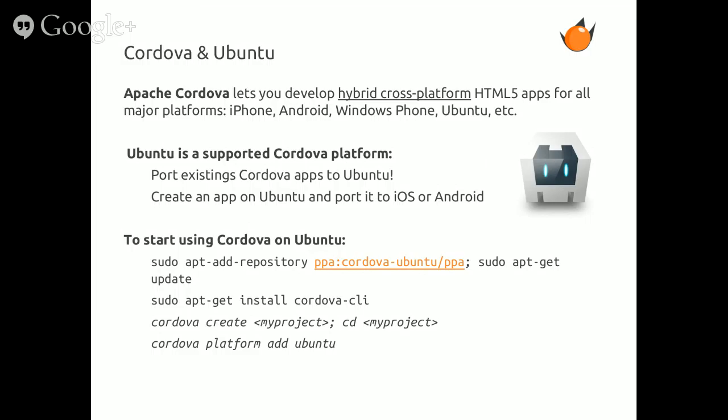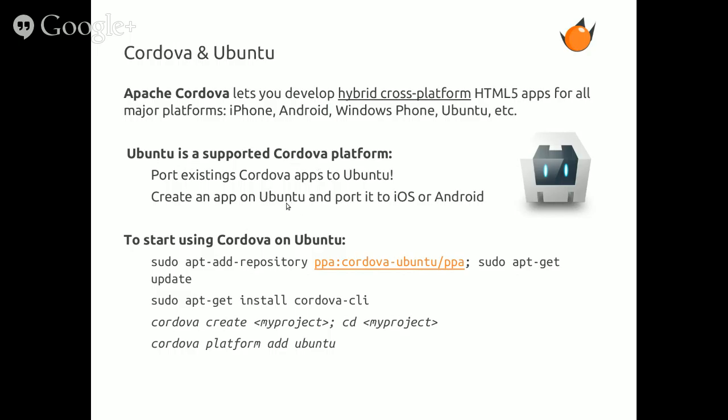It's also a tool that allows to compile the HTML5 application so that at the end you can have a running application on Android or on Ubuntu. The slide that you see here is taken from the talk about web apps and Apache Cordova from Ubuntu Online Summit last year.